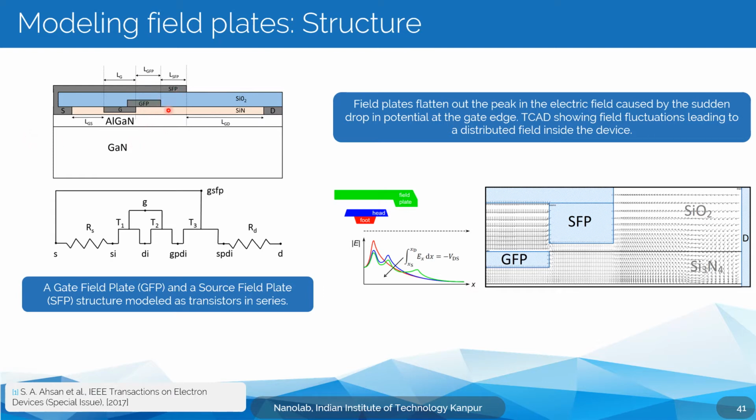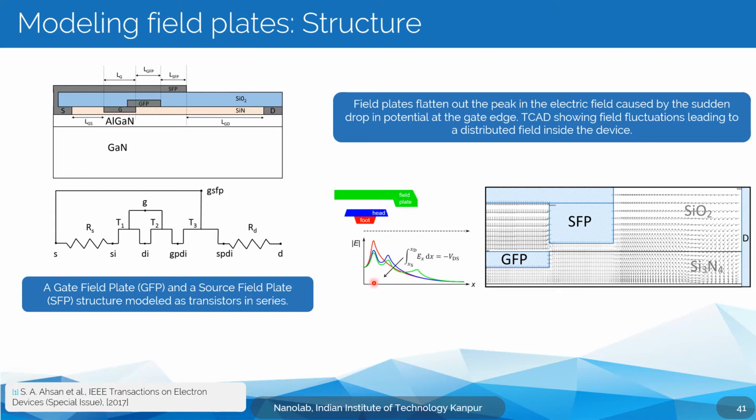Basically you have these extra gate-like structures, and they help to disperse the electric field such that the device is still able to handle that voltage, but the electric field peaks are not that strong.